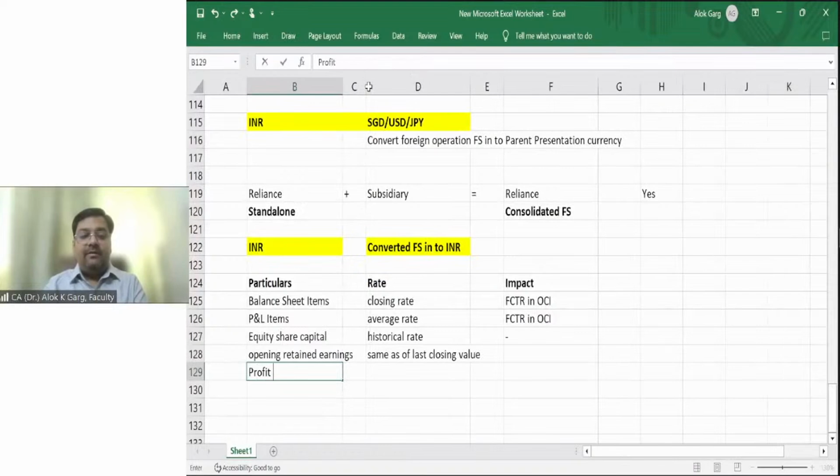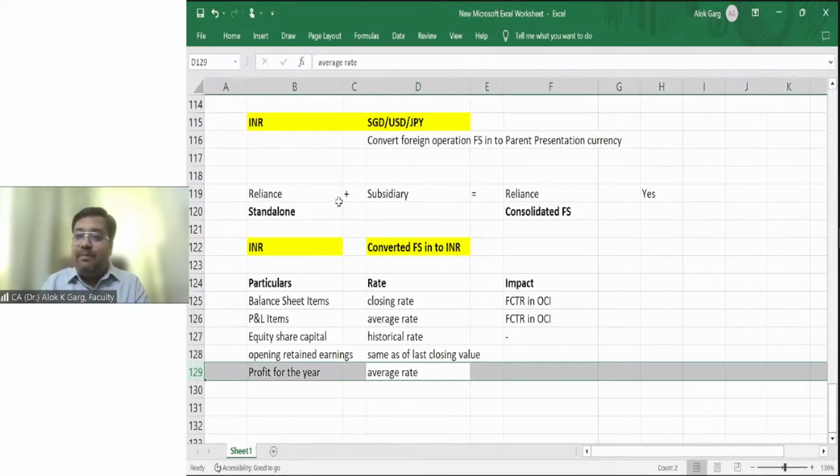Profit for the year: at what rate does it have to be converted? Of course, a P&L item is converted at average rate, so by default it will be average rate. I'm not writing it here; this is understood.